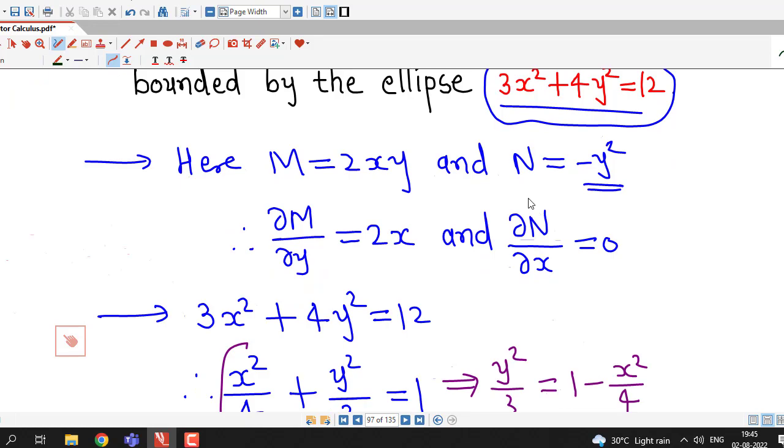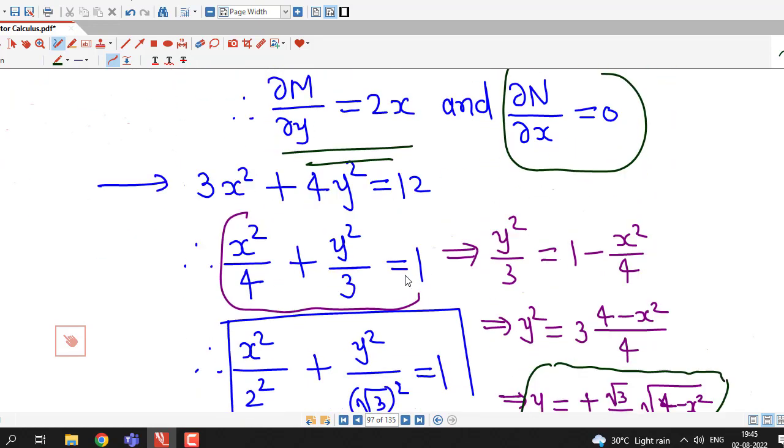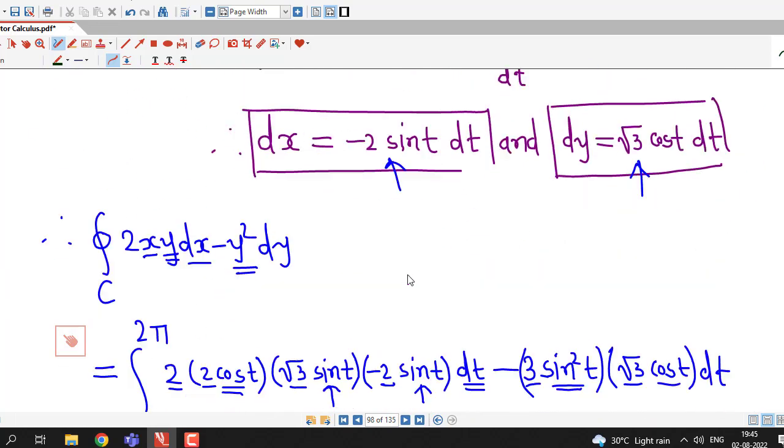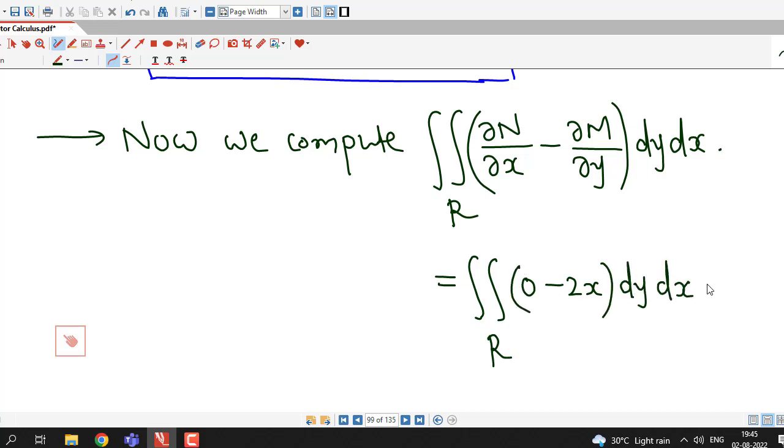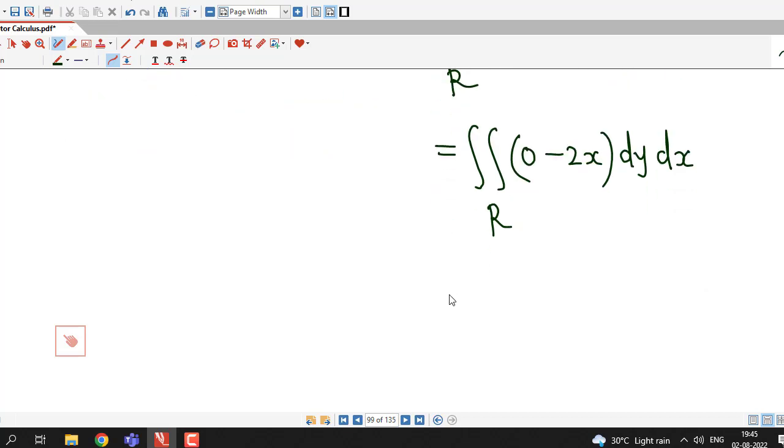Okay, we have written del n by del x is 0, del m by del y is 2x. So here we write del n by del x equal to 0 and del m by del y is minus 2x. Integral is with respect to y first and then with respect to x, and this is nothing but we can take negative sign outside.